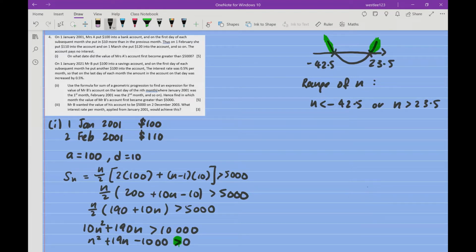Okay, then take note, we are rejecting the first part of the solution because we know n is the number of months, it cannot be negative. So n is more than 23.5.